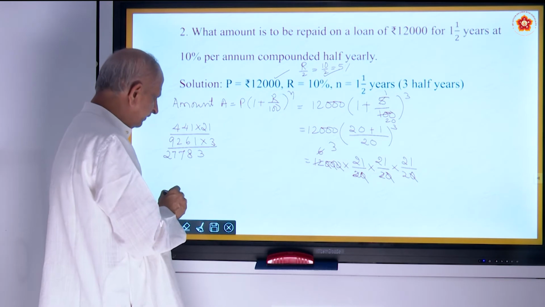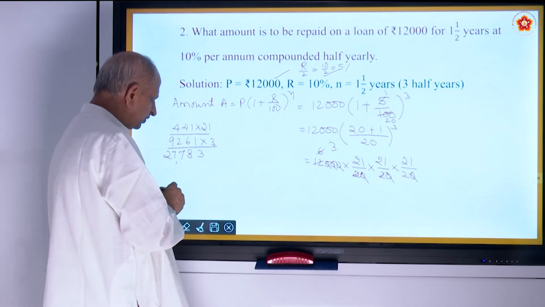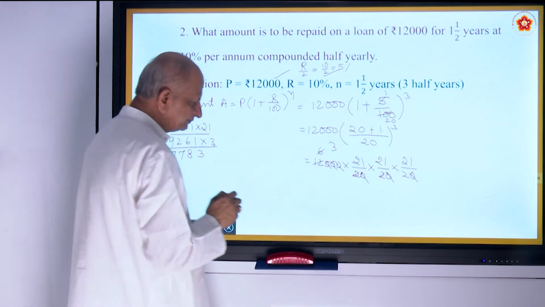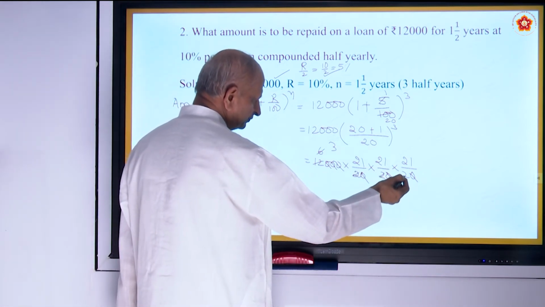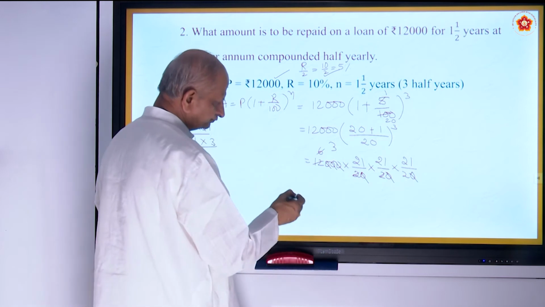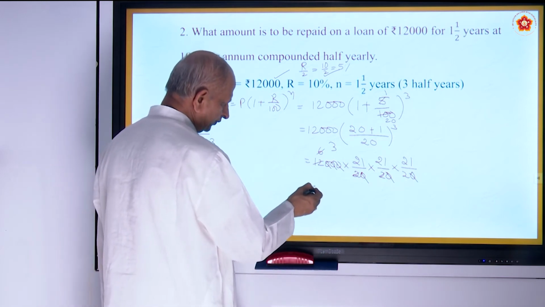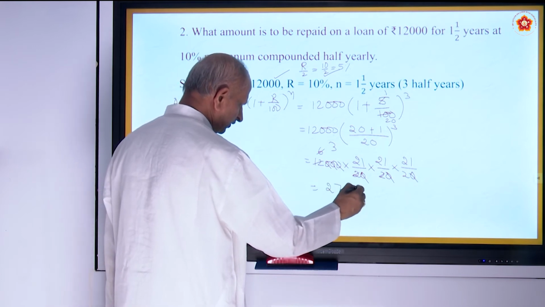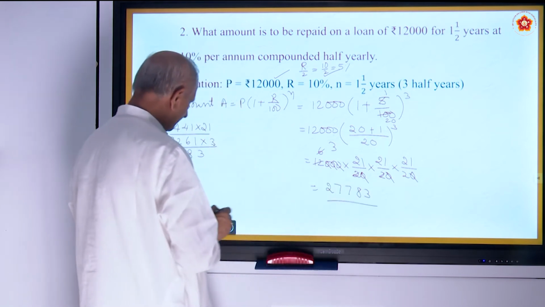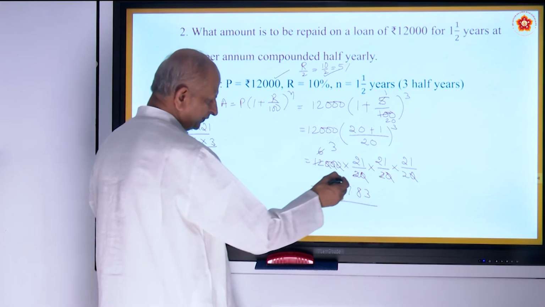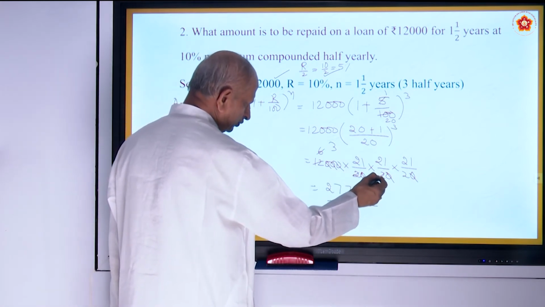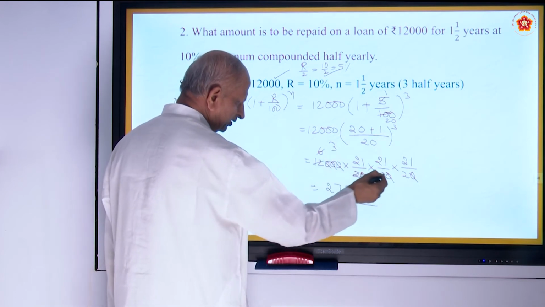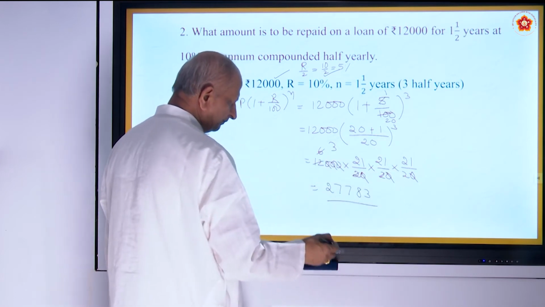So 27,783 divided by how much? 2. So this is 27,783 divided by the denominator 2. 2 twos are 2, already cancelled, this also cancelled. So only 2 remained here.